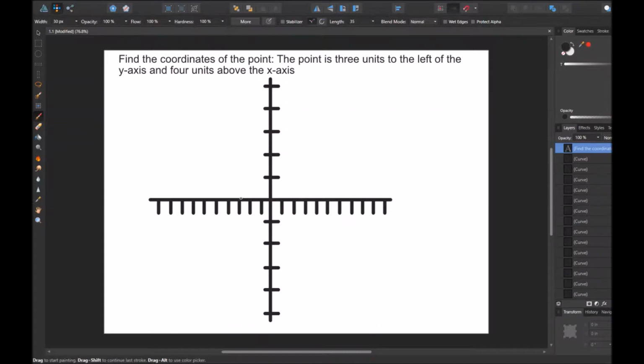And it's 4 units above the x-axis, which we know to be this horizontal line here. So we go 4 units above that, up here, and our point is right about there, and we can say that our point is negative 3, comma 4.